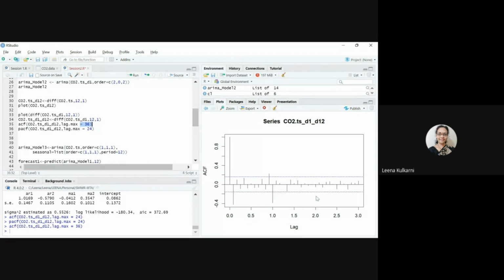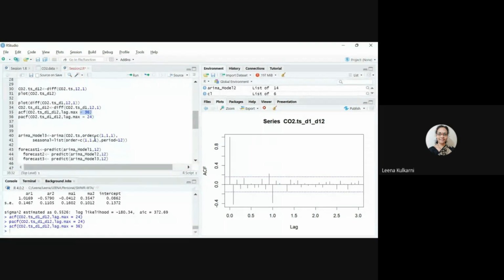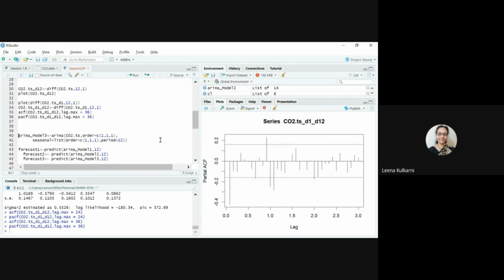This will suggest the value of p as 1 and the value of P as also 1. At the same time, now to talk about the other part, we'll look at the PACF.